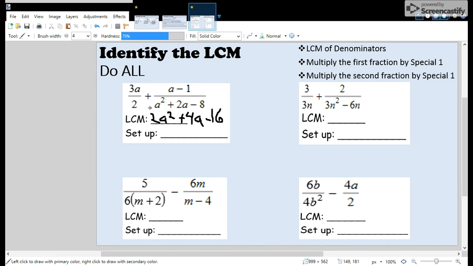From there, we're going to set it up. Let's multiply these by 2. Those are our complements to get the LCM. And then the complement of the first fraction is a squared plus 2a minus 8.